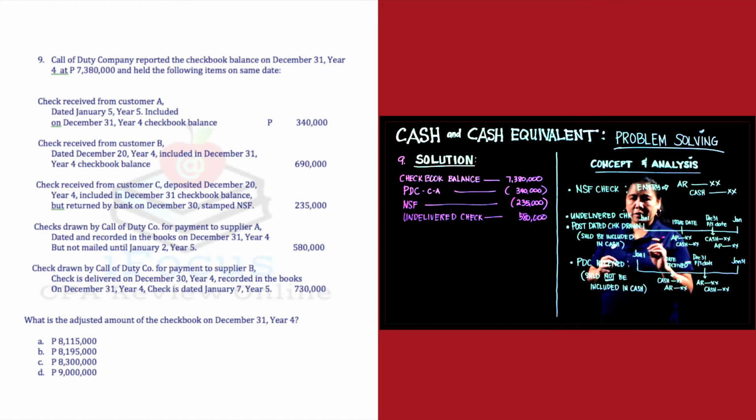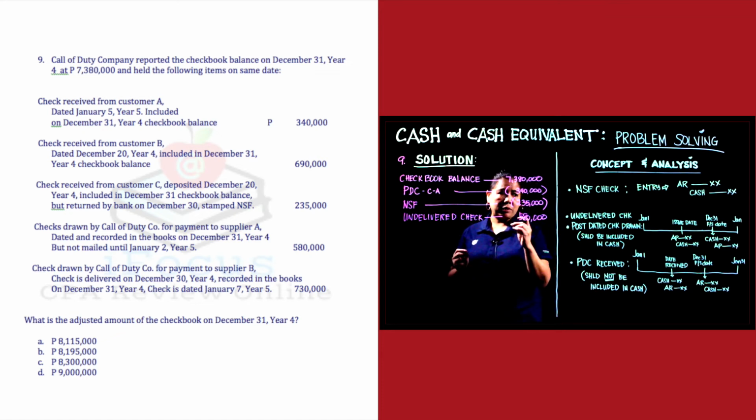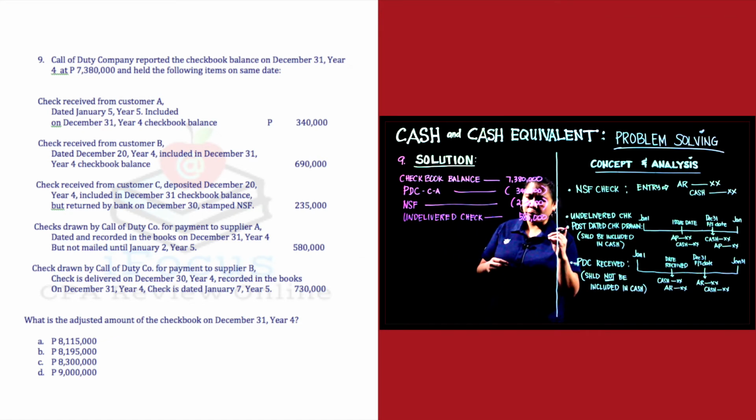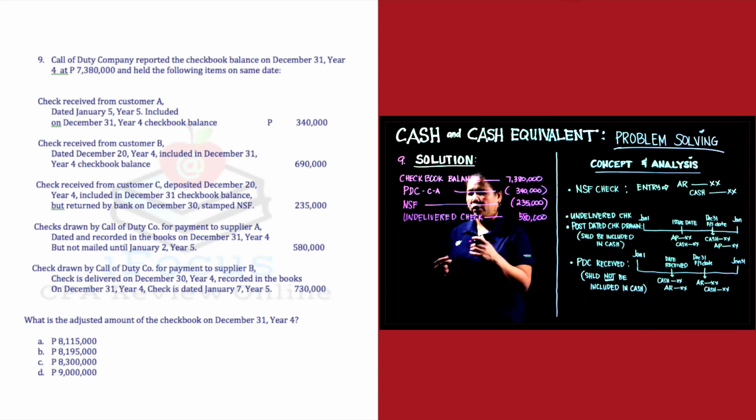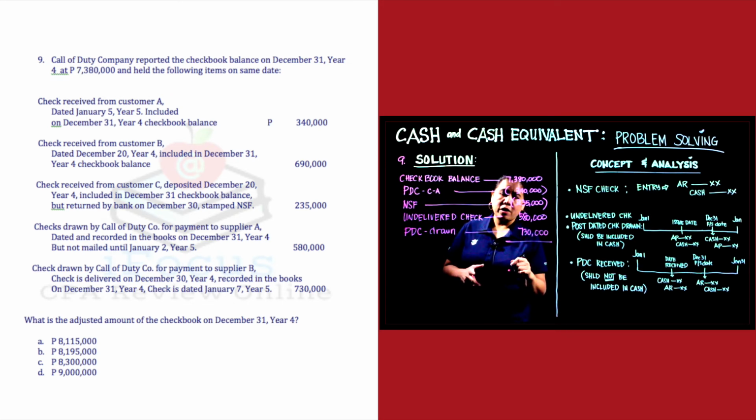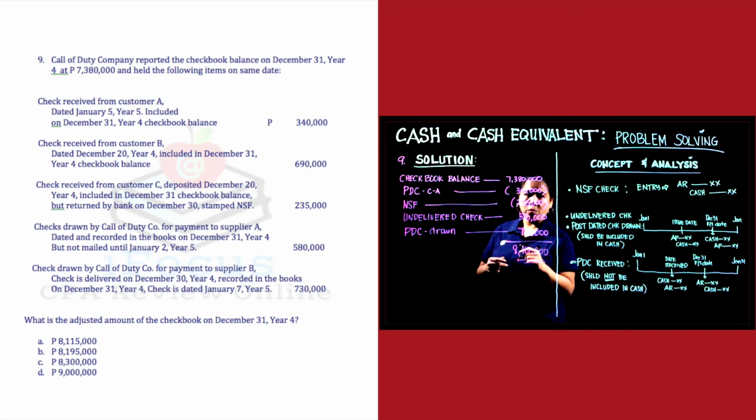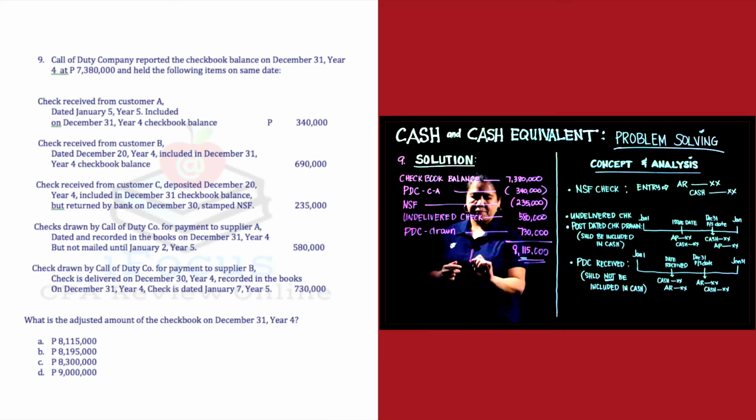So, i-revert back natin sa cash para maipakita natin ang right amount ng cash natin at right amount ng accounts payable natin. So, itong post-dated check drawn ay added back to our checkbook balance. So, we have an adjusted checkbook balance of 8,115,000. And our answer is letter A.